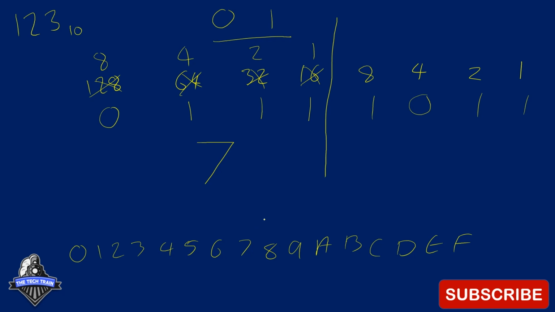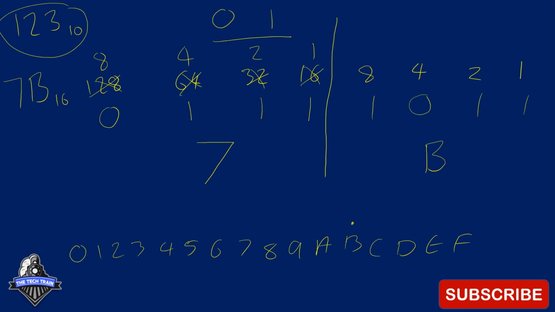Well, we've got 7, 8, 9, 10, 11. So the letter B is the value of 11. So we write down B. And that's it. That's our answer. So 123 in decimal is 7B in hexadecimal. It's as simple as that.